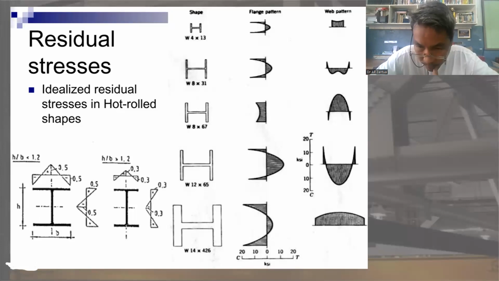So compression, and then tension at the center. Here, compression is at the center. Tension is on the outer web.